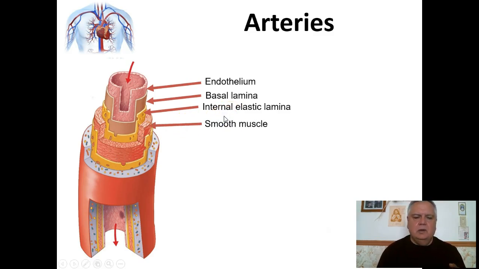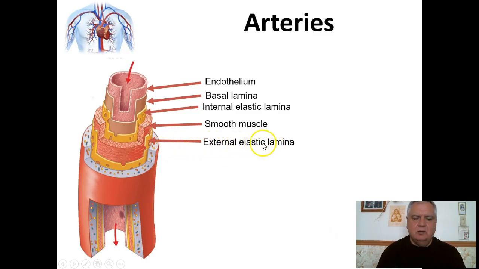Okay, so the next structure outside the internal elastic lamina is the layer of smooth muscle tissue that we talked about. Surrounding that layer of smooth muscle tissue, we see another layer of elastic lamina.